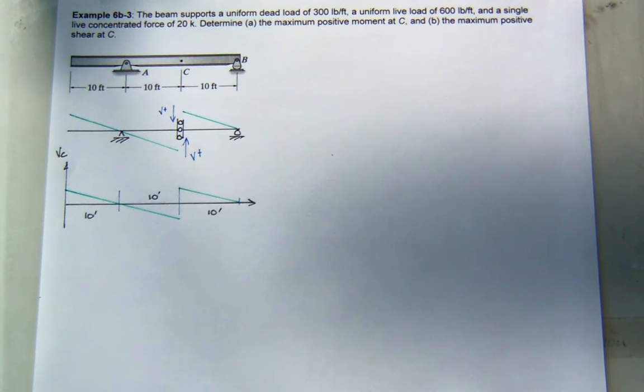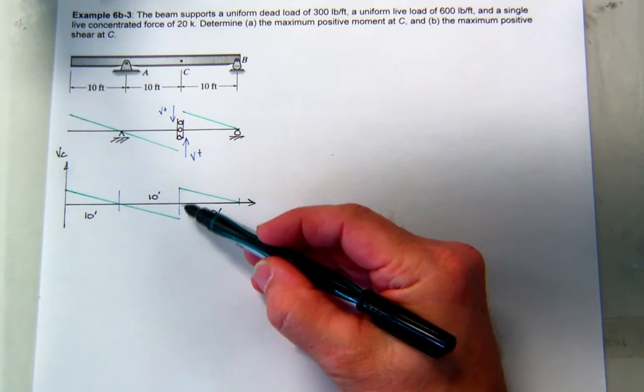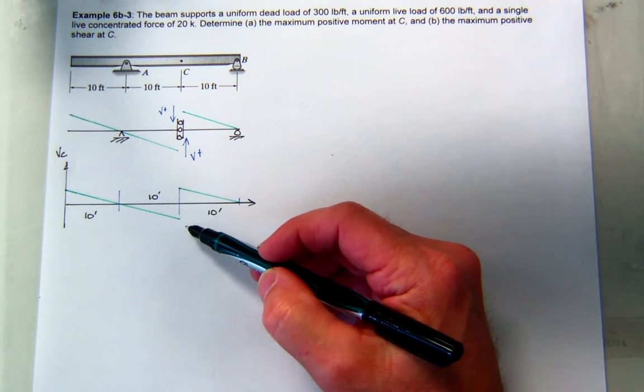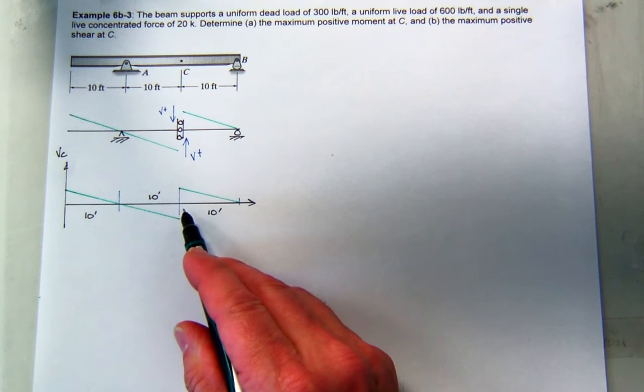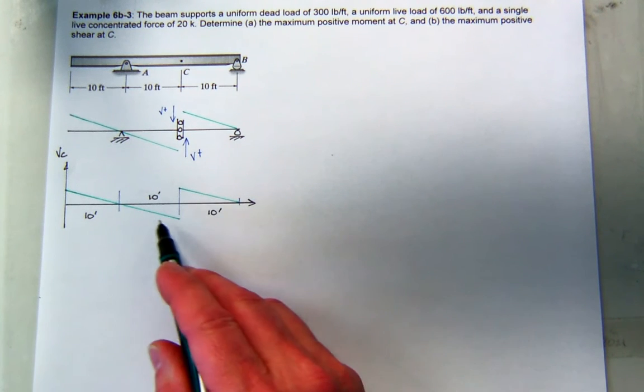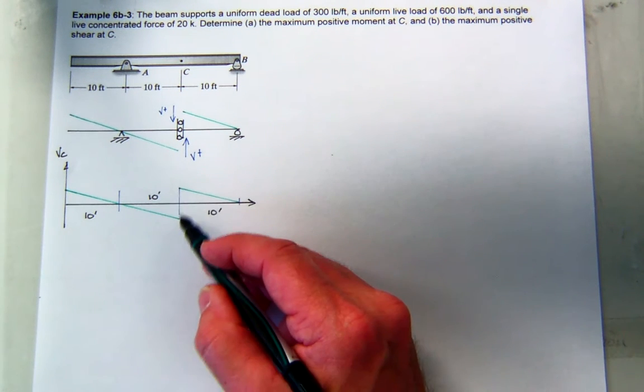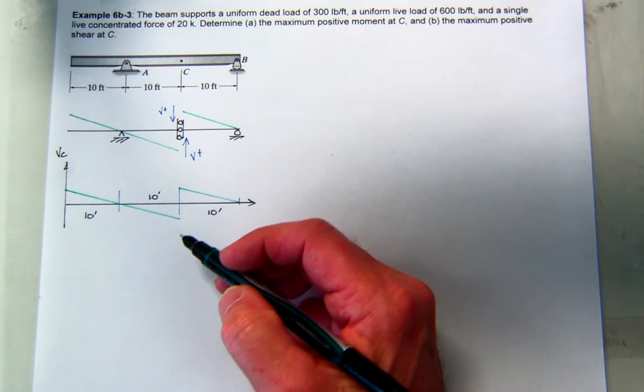Now the great thing about shear is we don't have to draw any free body diagrams. We know that the change in shear at this transition point is 1. And you can see that on the right side it's 10 feet, on the left side it's 10 feet. So each of these respective heights are going to be equal.